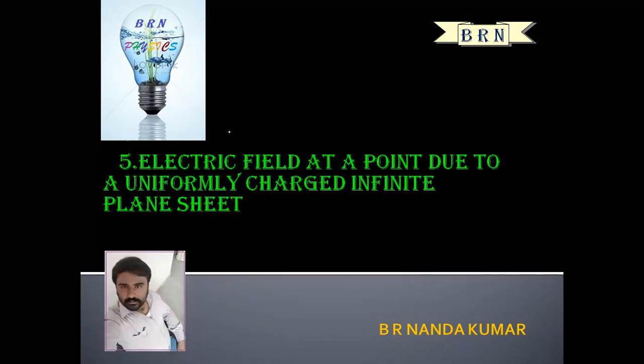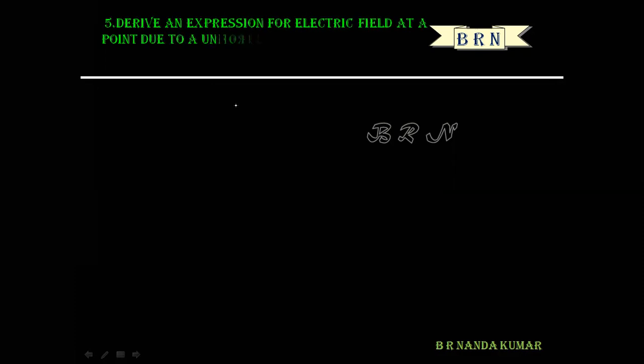Okay, so let's start today's class. This is very important for the 5-mark derivation of the expression for electric field at a point due to a uniformly charged infinite plane sheet.